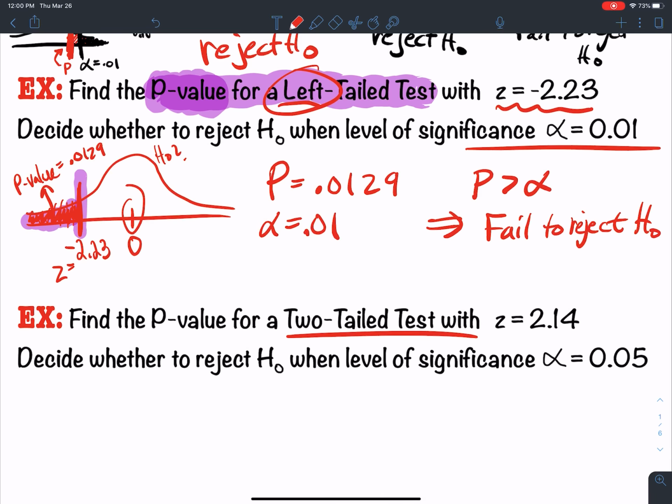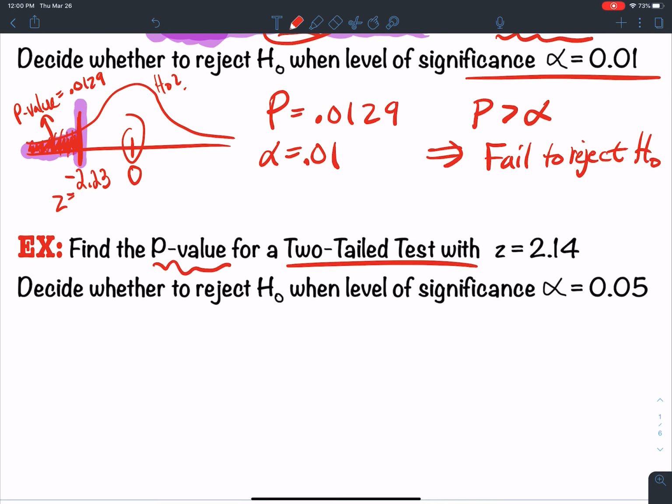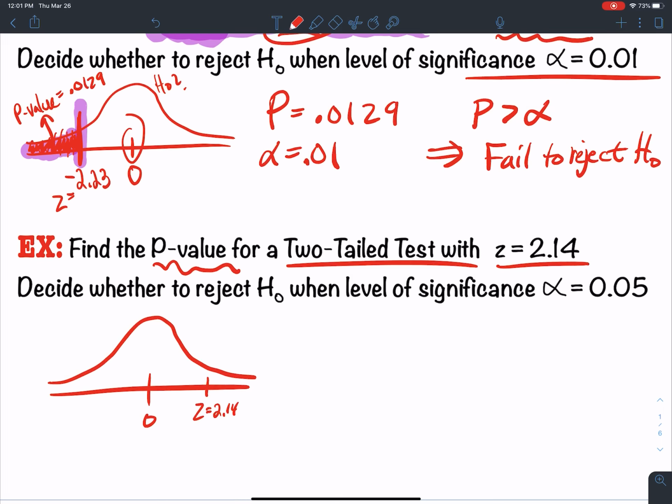For a two-tailed test, find the p-value for a two-tailed test with z equal to 2.14. Okay, two-tailed test, what's in the middle? 0 is always in the middle. Z over here at 2.14. Okay, what do we know about a two-tailed test?